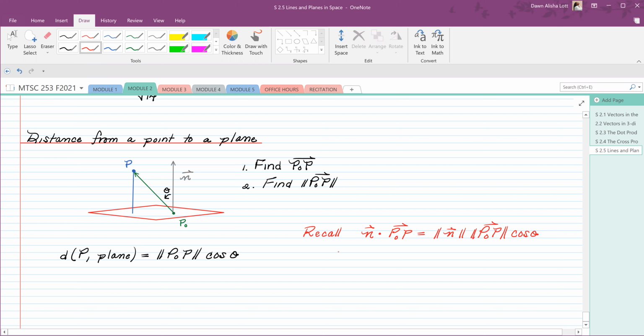So therefore, the length of P naught P times the cosine of theta is just equal to n dot P naught P, and actually we're going to take this in absolute value because we want it to be a length, divided by the length of the normal.